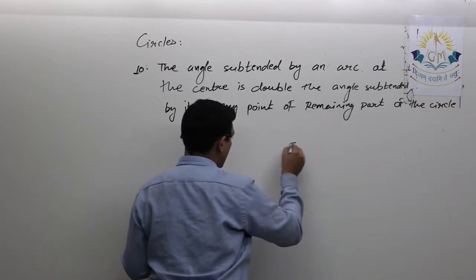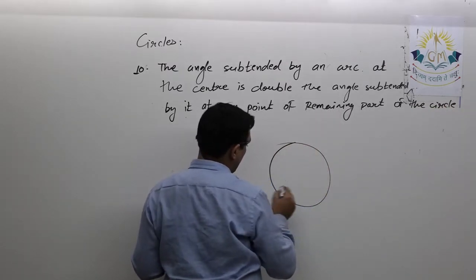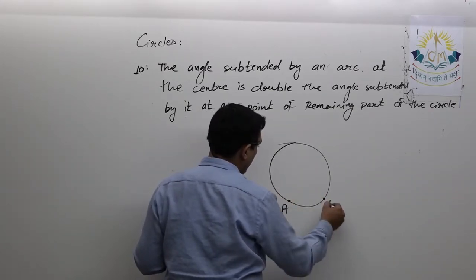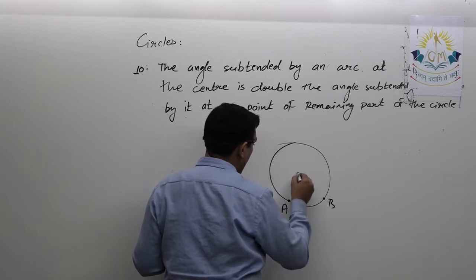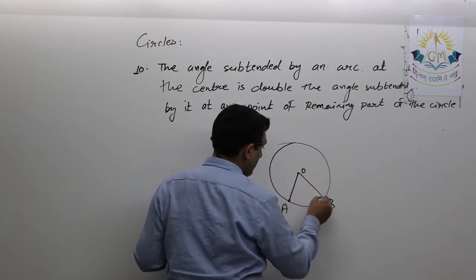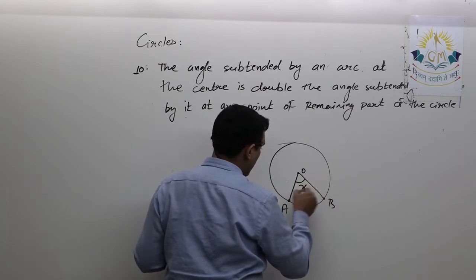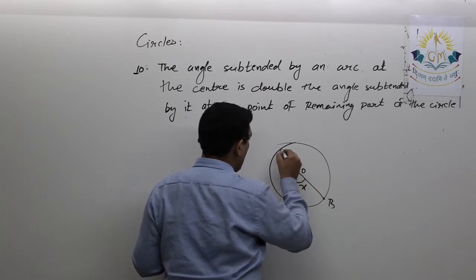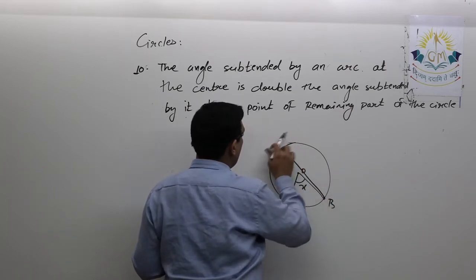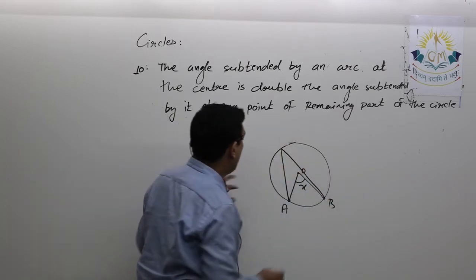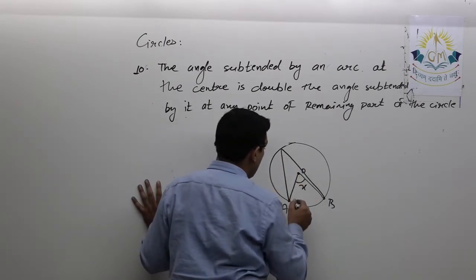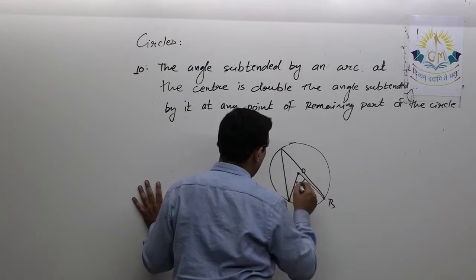That means suppose we have a circle in this way. Now this chord AB subtends an angle at the center. Suppose the angle is x, then the same arc will subtend over here an angle that will be double. That means the angle subtended by the arc at the center is double the angle subtended by it on the remaining part.